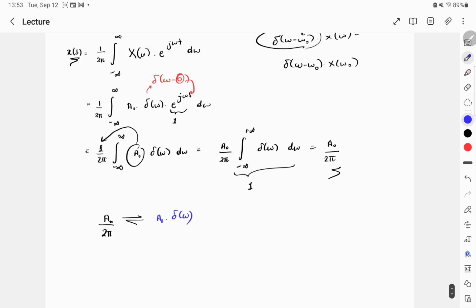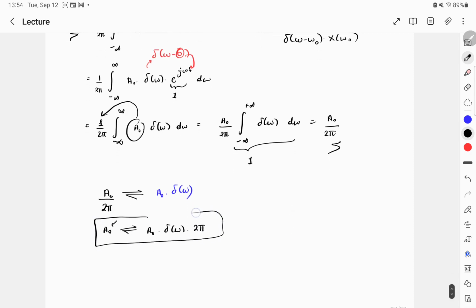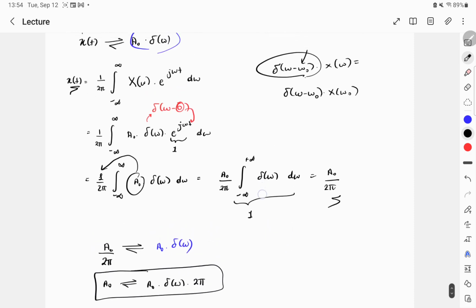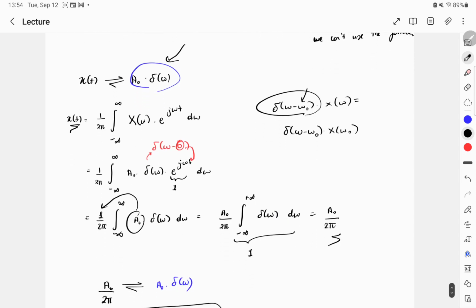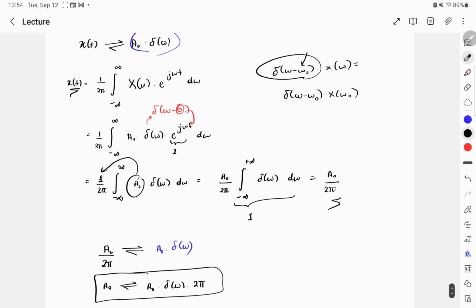So by using our scaling property in Fourier transform, we can say that the Fourier transform of just our constant is this one. So we eventually asked what is the signal whose Fourier transform is A naught times delta omega, and then we found out that the signal which gives this Fourier transform is this.